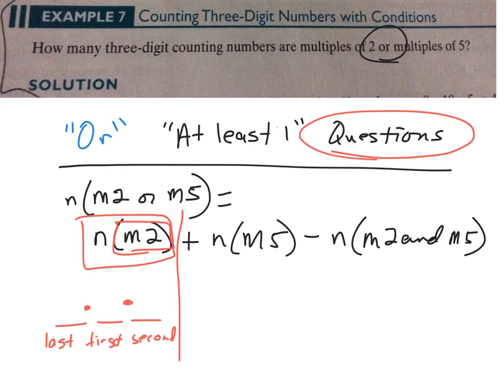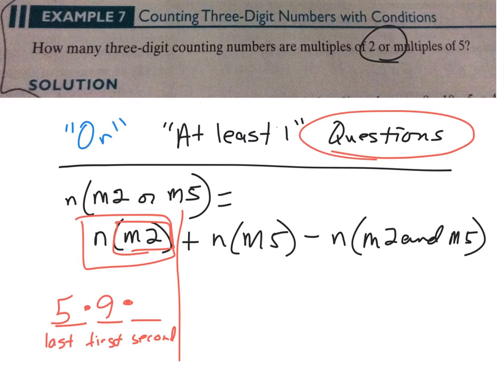A multiple of 2 would have to be even, so it'd have to end in either 2, 4, 6, 8, or 0. So there's 5 ways it could occur. As we discussed the other day, the first digit could be anything except it can't be 0. I can't have a 3-digit number that starts in 0. So there are 9 ways it can happen.